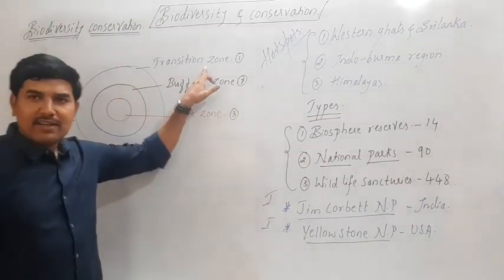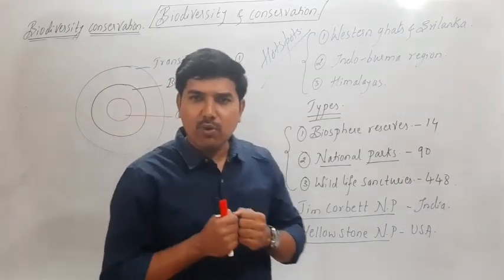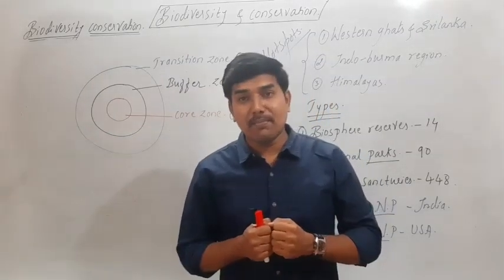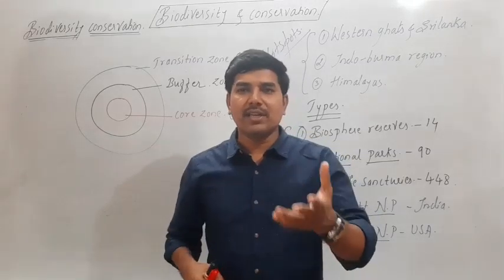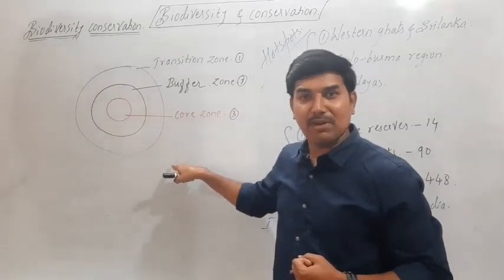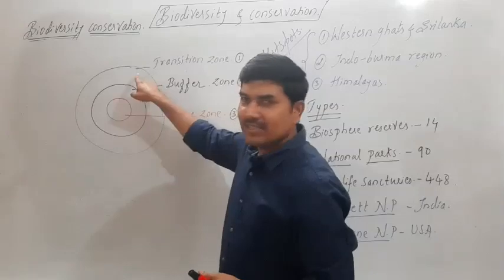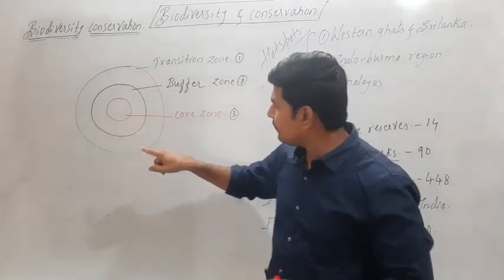The transition zone is the zone in which human activities are allowed. That means collection of wood, and certain plant products from the forest, can be taken by residential people, or tribal people, who live near the forest areas. This is the transition zone where human activity is allowed.